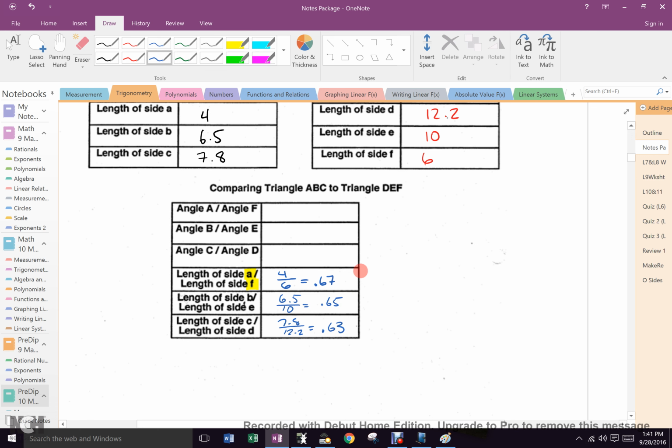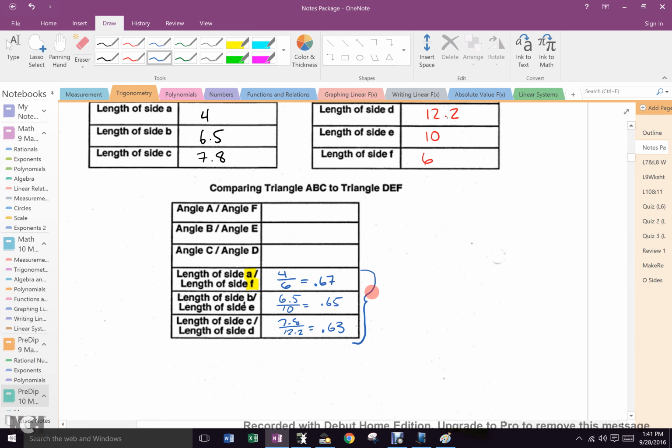Now, what do you notice about the three decimals? They're very close, aren't they? If we had perfect measurements, what would these three decimals be? Point whatever. They would be exactly the same.